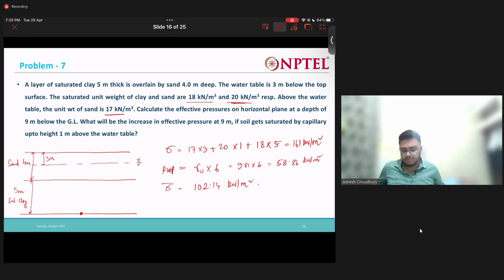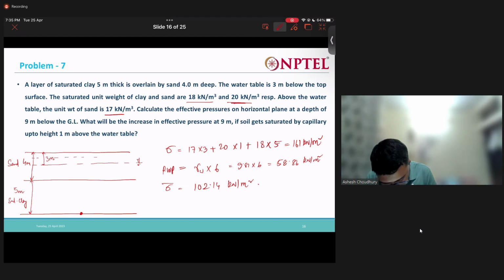Now we need to see what will be the increase in effective pressure at 9 meter if the soil gets saturated by capillary action up to a height of 1 meter above the water table. So now this is the capillary height.